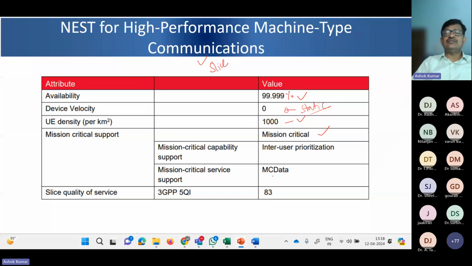The requirement is of mission critical data and the 5QI value, 5G quality of service indicator, supported is 83. So this gives you what error rate should be supported, what the latency requirement should be, all those parameters defined as part of the 5QI. So these are already templates which can be used by operators.